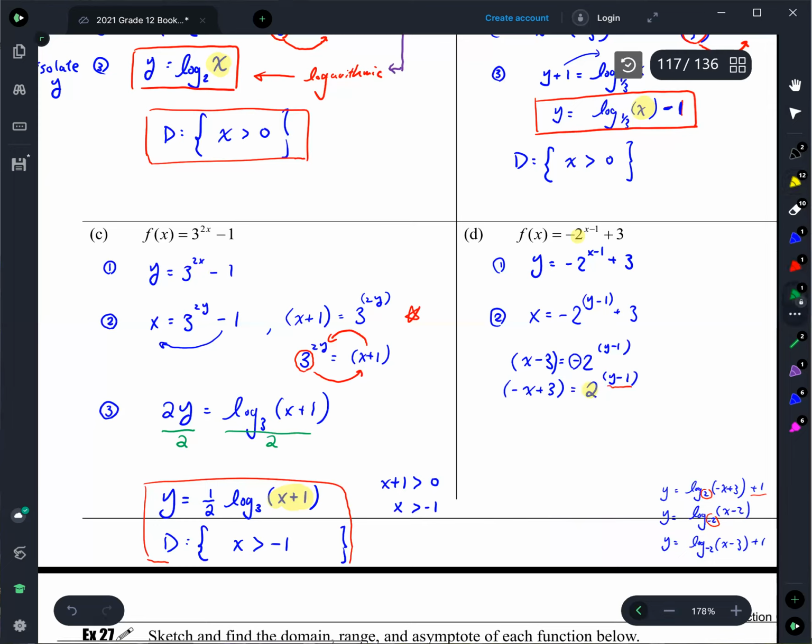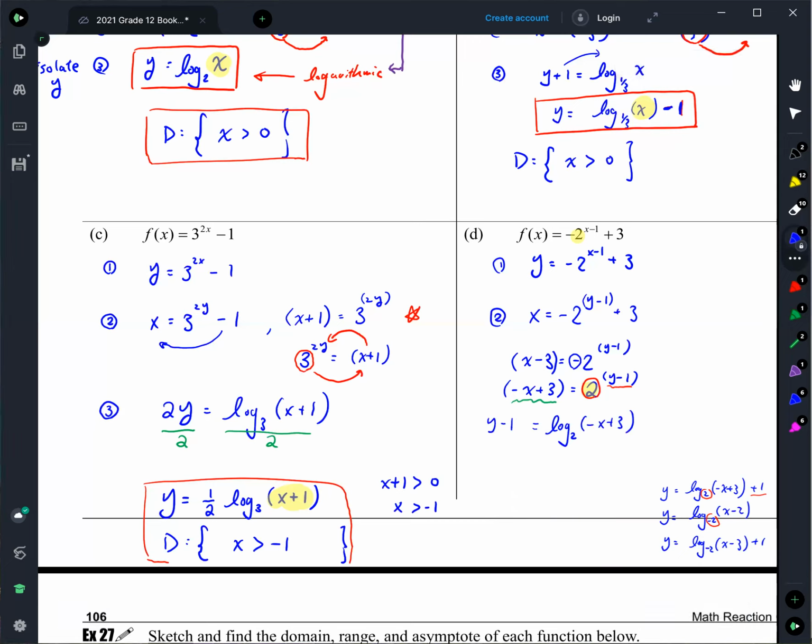You have everything else on the other side, negative x plus 3. Then you can start to do counterclock. So you have log base 2. You start with the other side equals the exponent y minus 1.